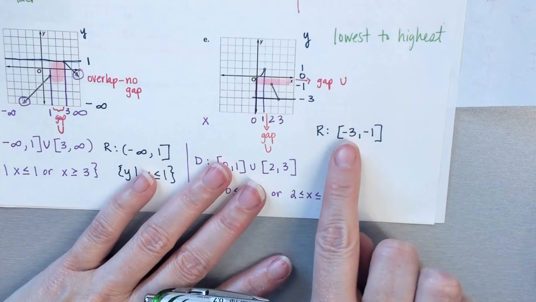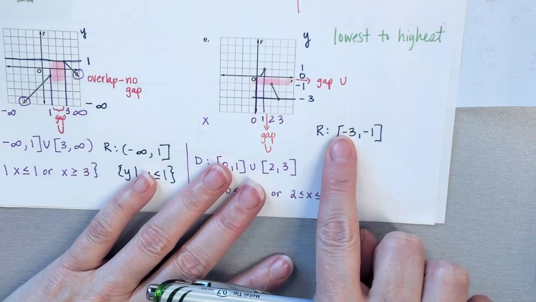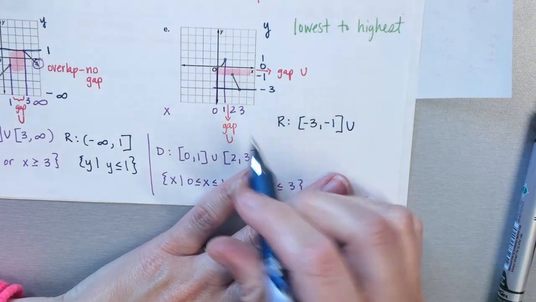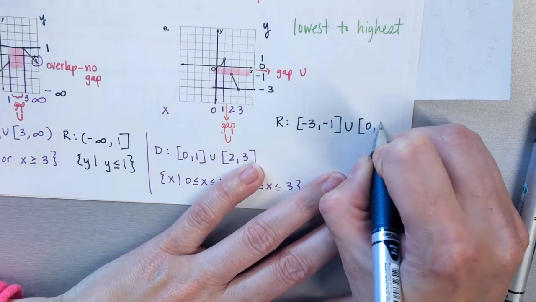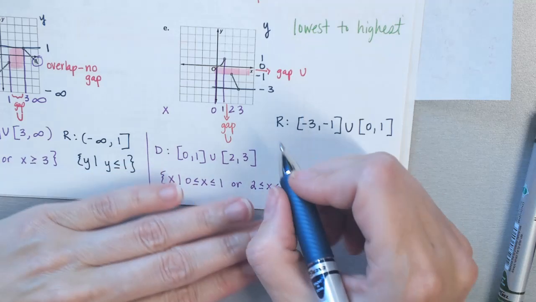So it would not be correct to write the -1 first. It has to be the -3 first, okay? And then same thing here. You have to start with the 0, and it goes up to the 1. Okay, so make sure you do those in that exact order.